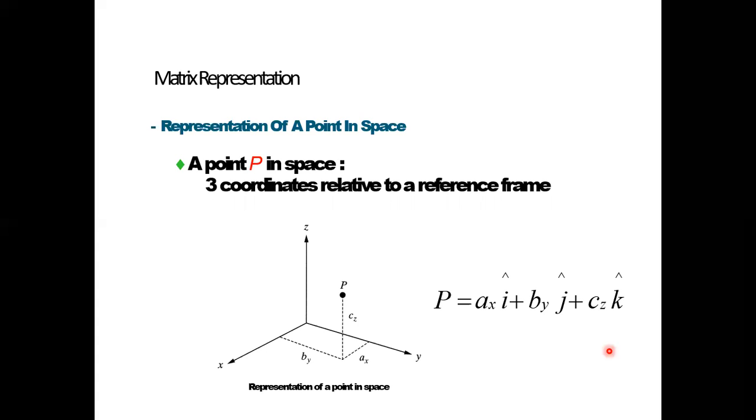So here the P position is defined by aX, cZ and bY. Okay, this is the position of the particular point in the space. I, J, K are the unit vectors. So this is how we are going to represent a point in a space.